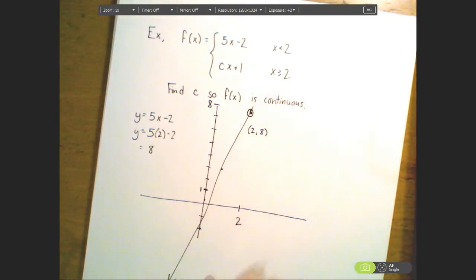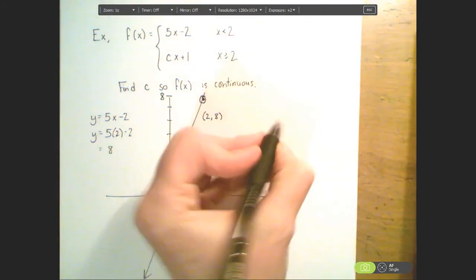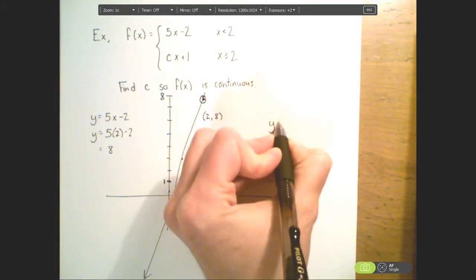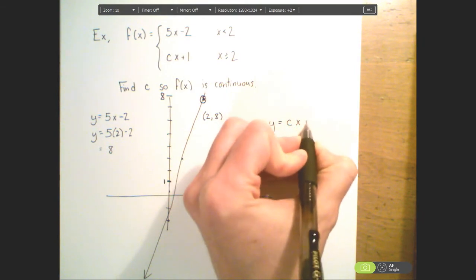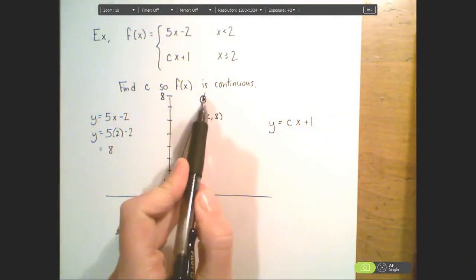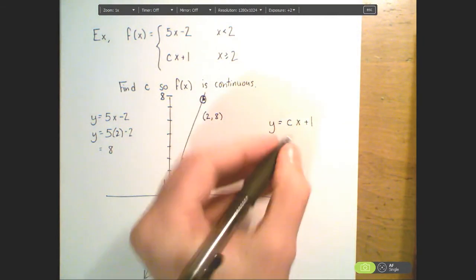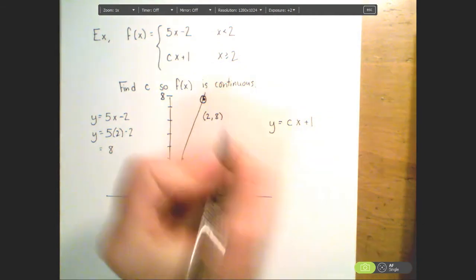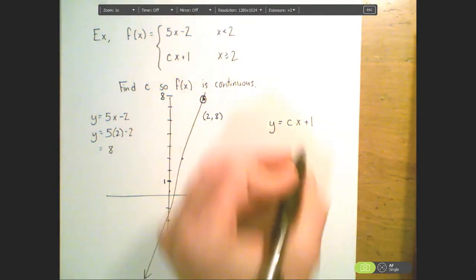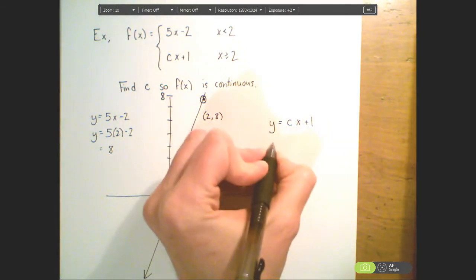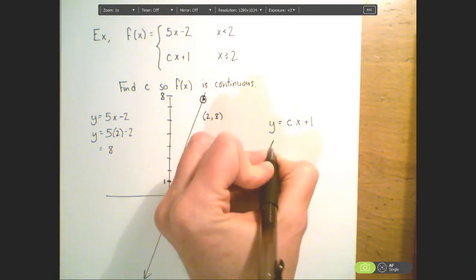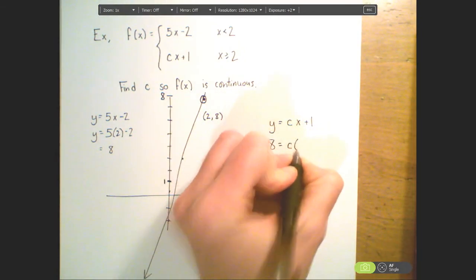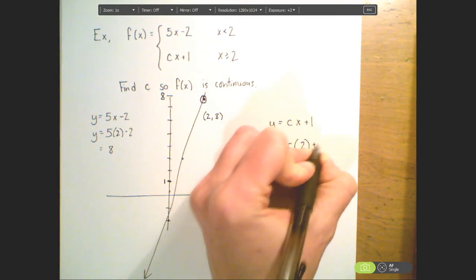Over here to the side, I'm going to write, I know that I want a function given by y equals cx plus 1, and I also know that I want it to go through the point 2, 8. So I'm going to plug the point 2, 8 into this function and solve for c. That means that y, which is equal to 8, needs to be equal to c times 2 plus 1.